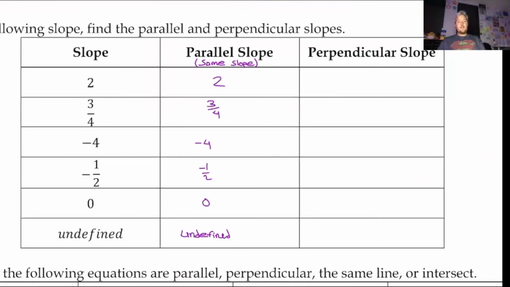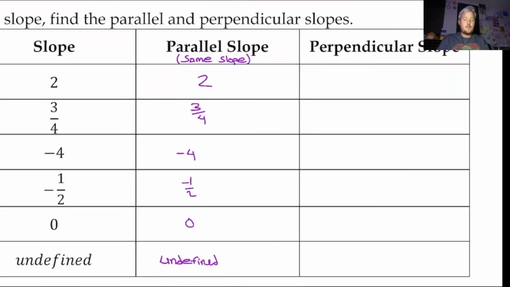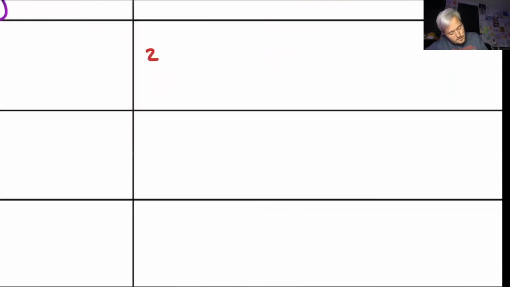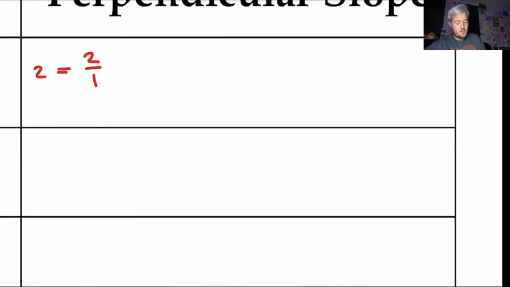Now for perpendicular, that's where we take the opposite: we flip the sign, flip the fraction. So 2 is the same as 2 over 1. I want to flip the sign, so it's going to go from positive to negative. And then 2 over 1, if I flip it, becomes 1/2.